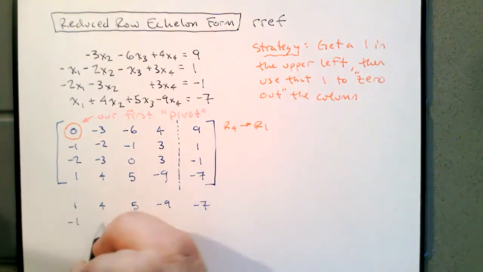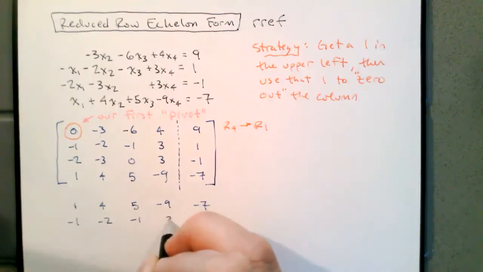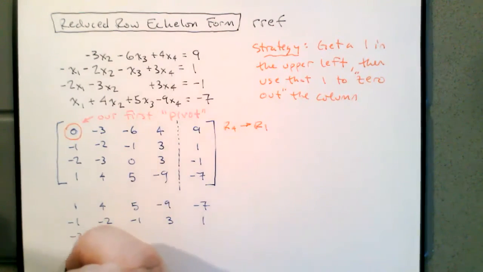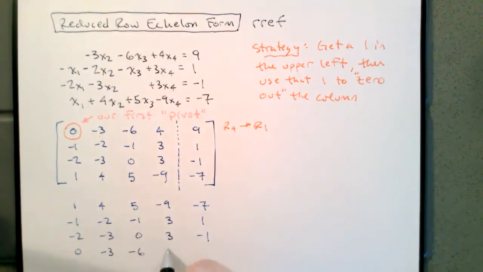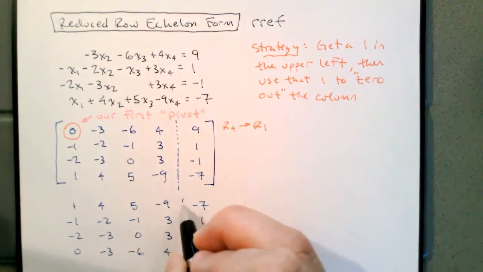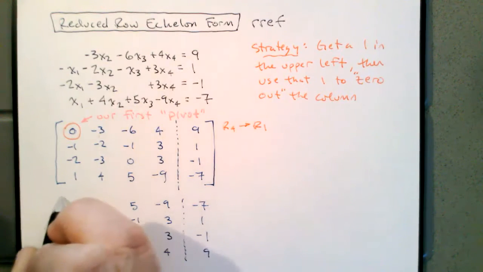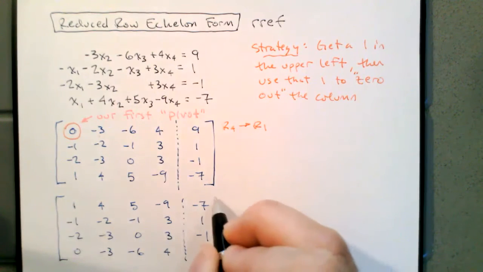My second row is not going to change. And my first row is now my 4th row. 0, -3, -6, 4, 9. Remind myself this is an augmented matrix and use matrix notation with the brackets.